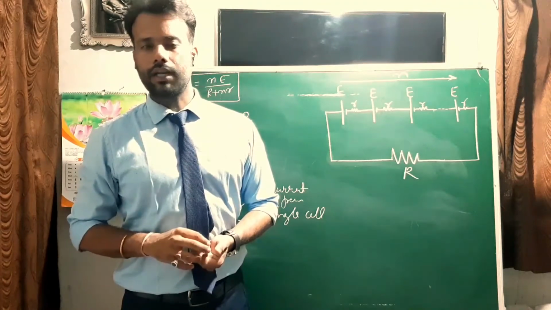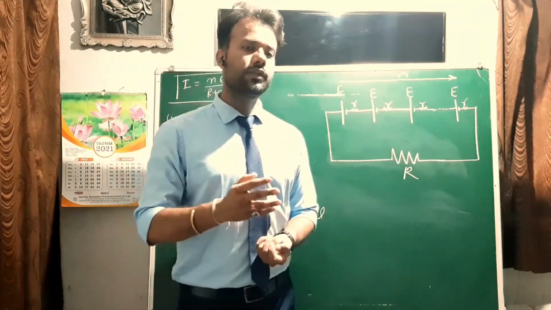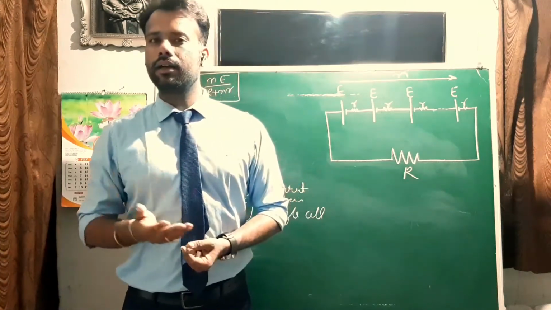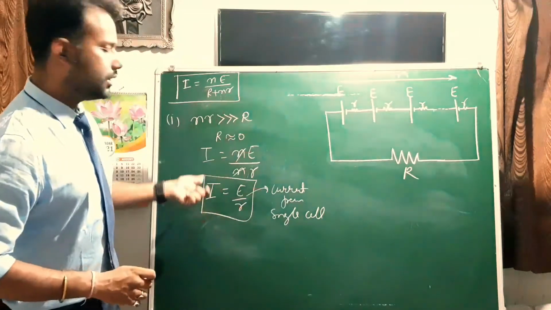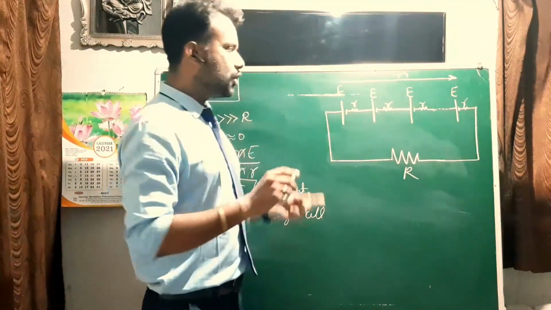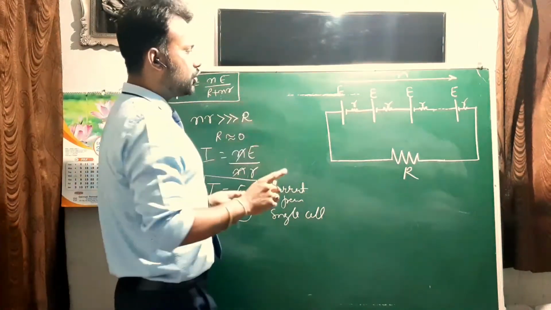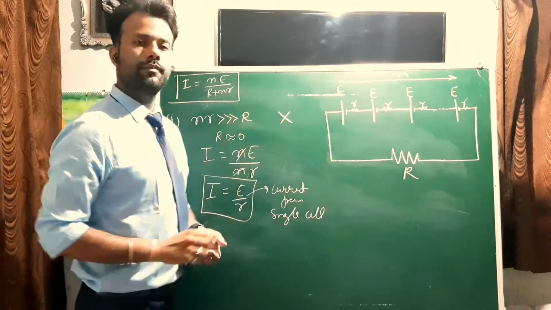So that means it is of no use. You are connecting thousands of cells, but you are getting the current only equal to one cell, right? It is clear from this equation mathematically. So it's clear that we don't use this configuration when this condition occurs, right?